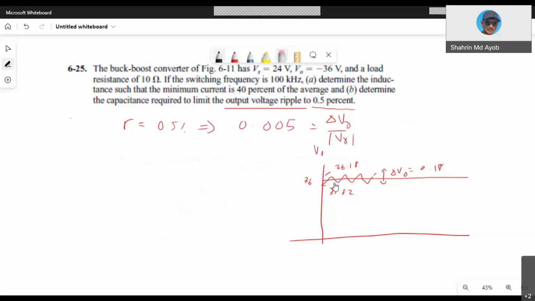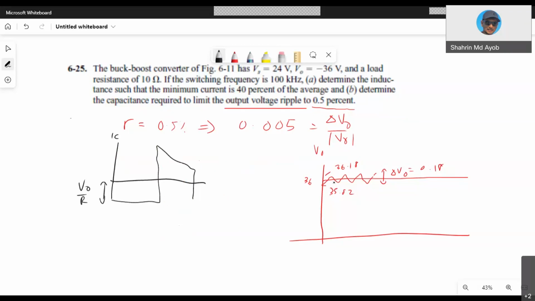Okay, so the capacitor current IC for the buck-boost is actually the same as for the boost converter. So this one is your V out over R. Usually for IC, the lower part is equal to I out. This one must equal I out, which is V out over R, because IC is related to I out.